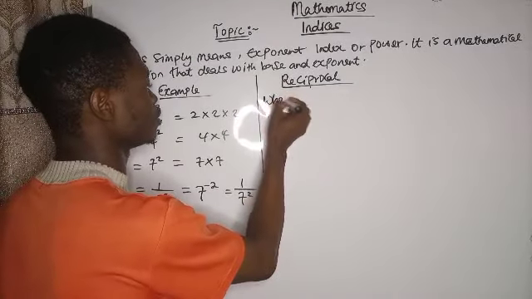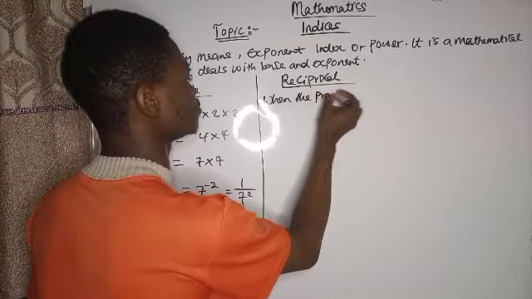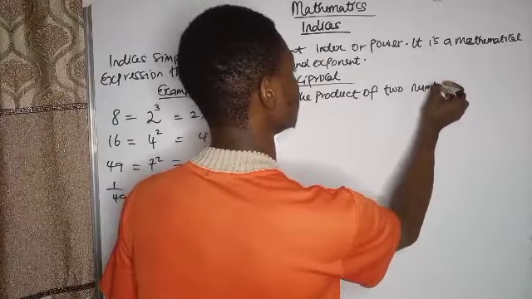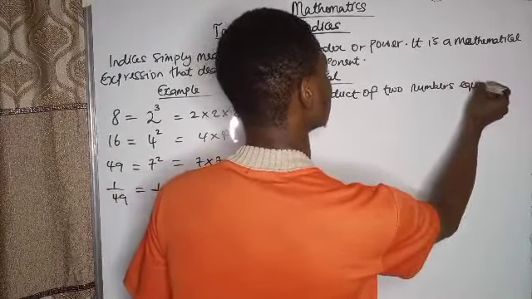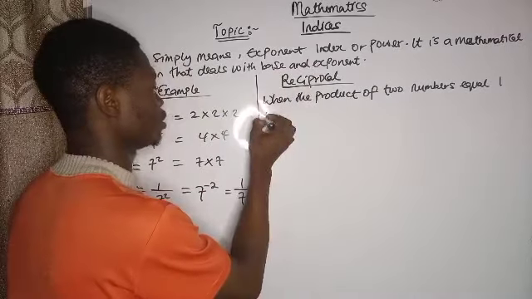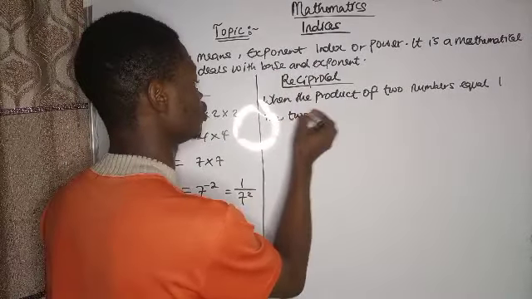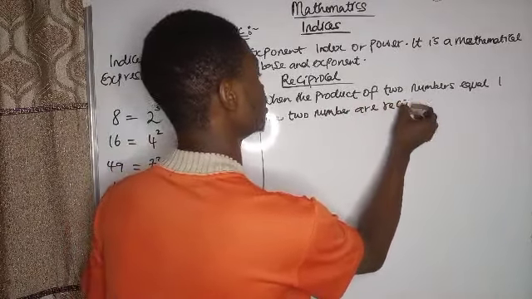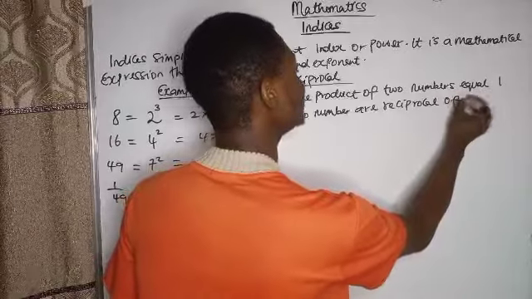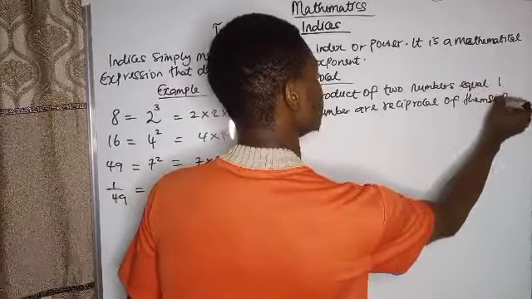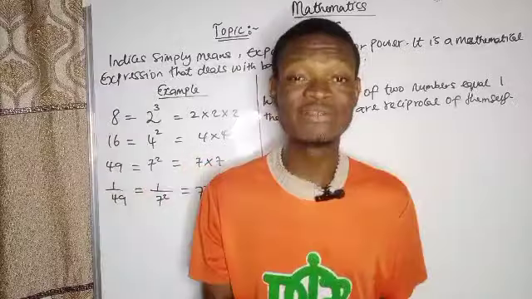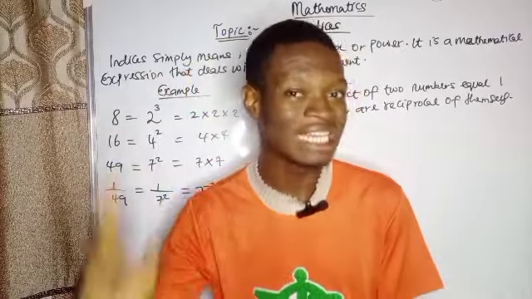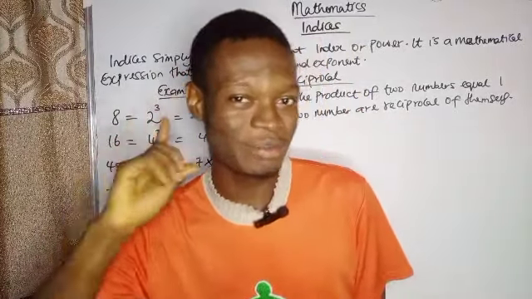When the product of two numbers equals 1, the two numbers are reciprocal of themselves. So anytime the product of two numbers gives you 1, you know that those numbers are reciprocals of themselves. If they don't give you 1, don't go and say that they are reciprocal.